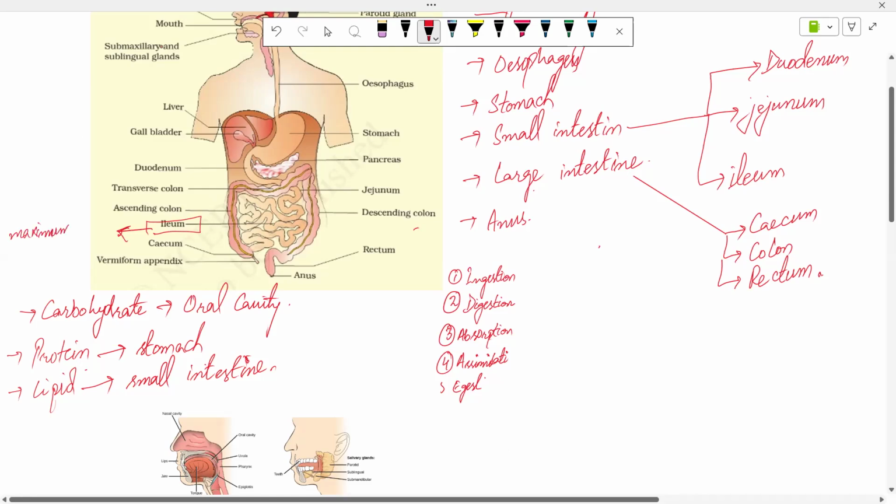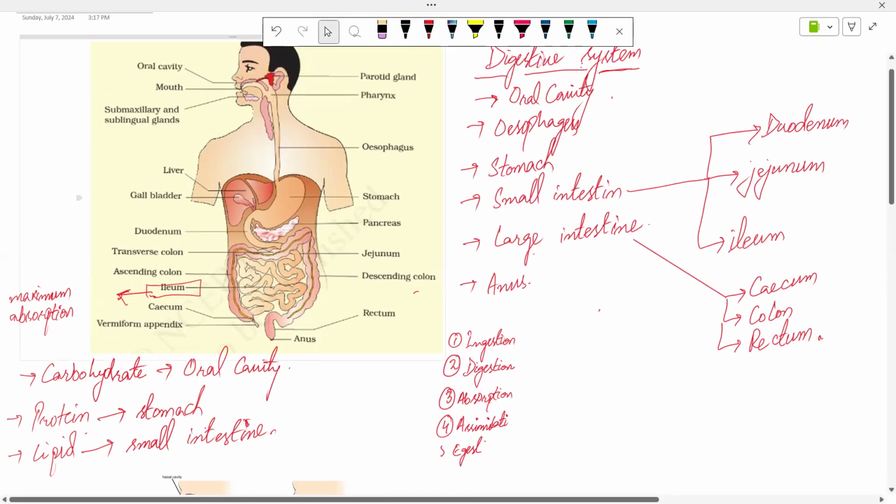Maximum absorption of every useful component of food is absorbed here. Now, how many glands are there? Pancreas is a gland, and liver is a gland.